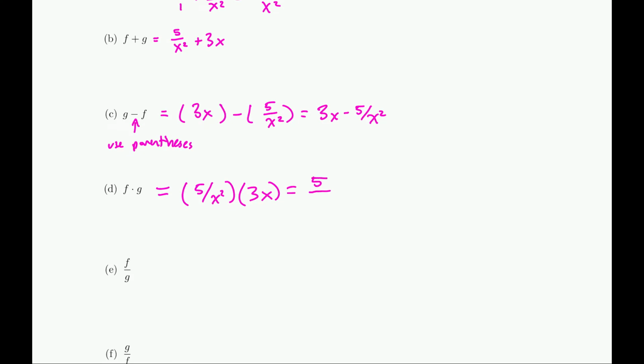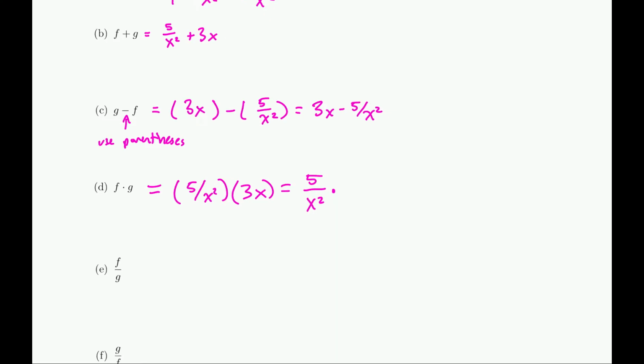So 5 over x squared times 3x, you can write 3x as 3x over 1. Then you can multiply across the top and across the bottom. Multiply across the top, 5 times 3x is 15x. Multiply across the bottom, x squared times 1 is x squared. So we end up here.